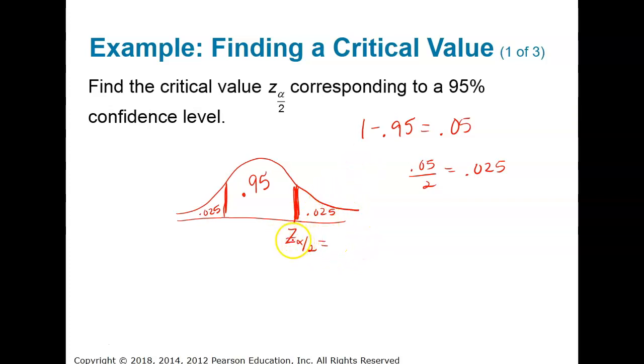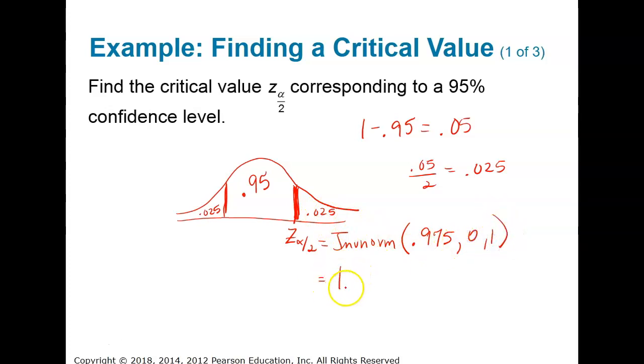Anytime you're finding Z's, you're going to do inverse norm. We're going to do the area to the left. There's two ways to look at this. We can add these two values up, and we get 0.975. Or we can remember that 0.025 is to the right, which means 1 minus that, or 0.975, is to the left.